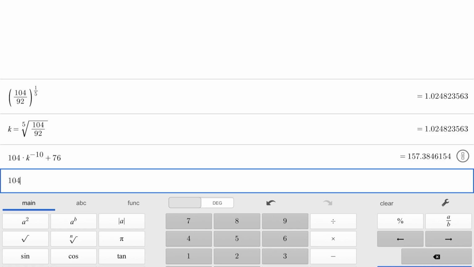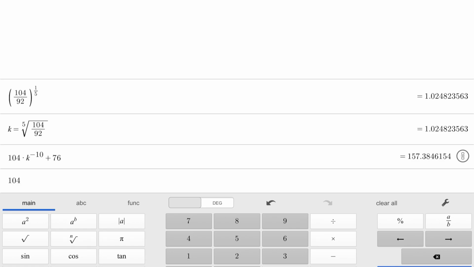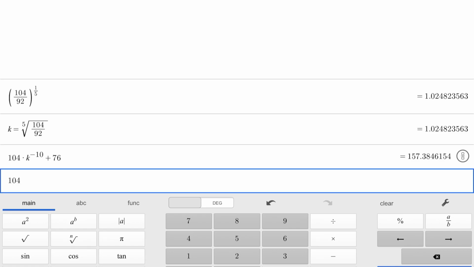If I had used a rounded answer, like 1.02, for example, raised that to the power of negative 10, and then added 76 to that, I would end up getting 161 degrees. So I would be off by 4 degrees here. So that's why it's really important that you use the exact value and not the rounded value.